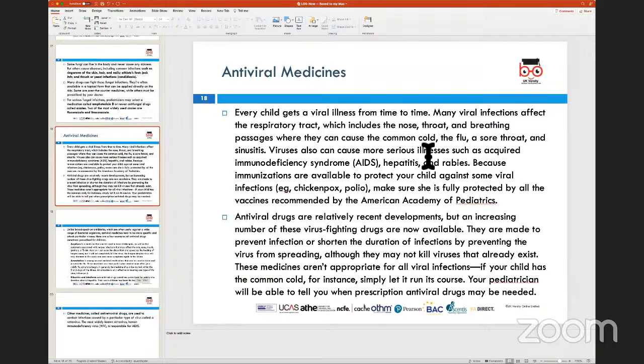So I don't know how many of you know the full form of AIDS. AIDS is acquired immunodeficiency syndrome. Now, there is no definite medication to treat this particular disease, and in most cases, it can only be controlled.